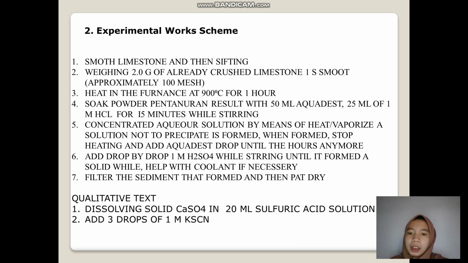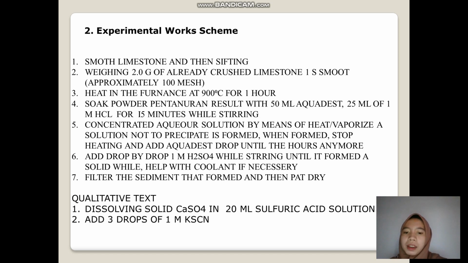Concentrate the aqueous solution by means of heat or vapor, making sure no precipitate is formed. When it is formed, stop heating and add drops of 1 molar H2SO4 while stirring until a solid is formed.